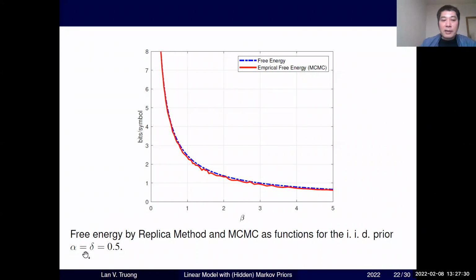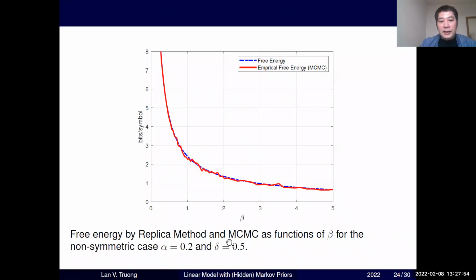When we put alpha equal to delta equal to 0.5, we can see that the free energy curves from the replica method and from simulation nearly coincide. For the symmetric case where alpha equals delta equals 0.3, the two curves are also very close to each other, and even in the asymmetric case, the two curves nearly coincide.